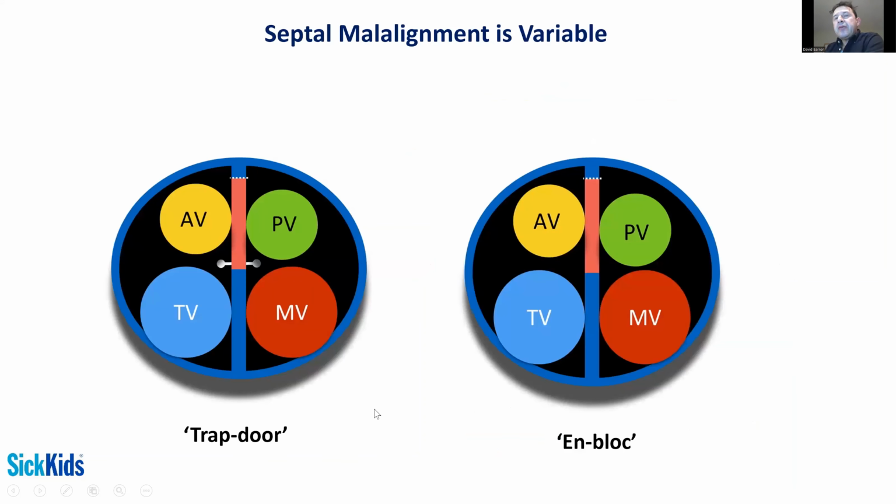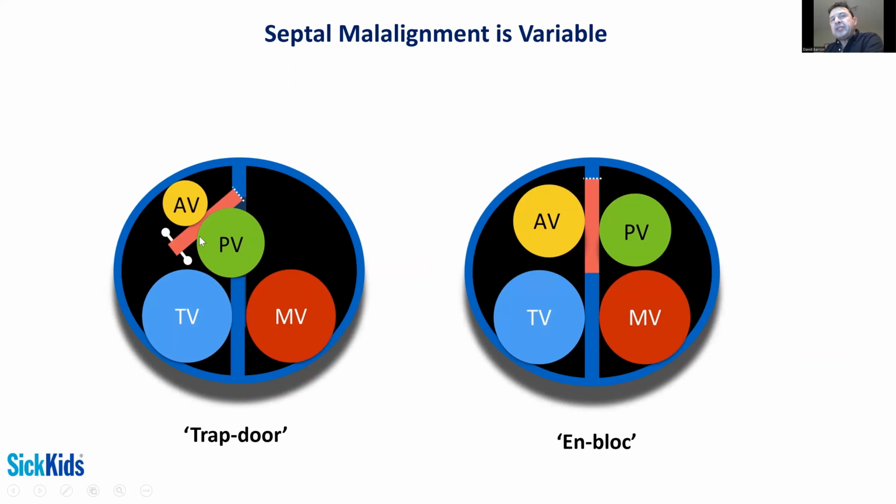And again, think about the relationship of the septal arrangement; it can be more of a trapdoor type deviation of the outflow septum in many of these cases. Here you see the pulmonary route and valve really overriding the plane of the ventricular septum, and the outflow septum has become hinged across like a trapdoor that makes the subaortic outflow relatively smaller.